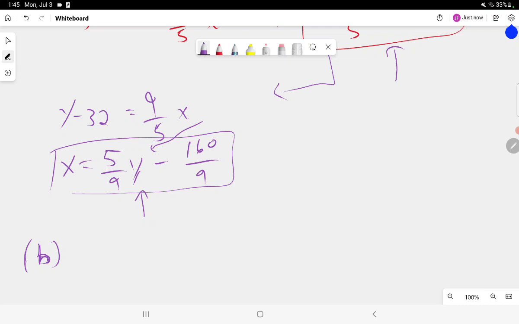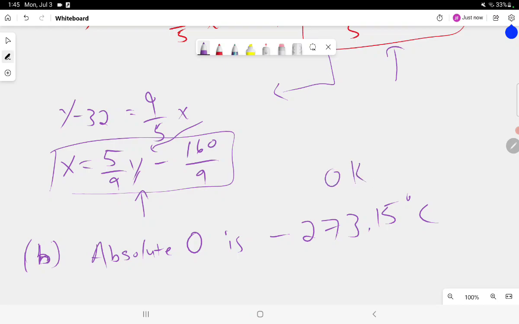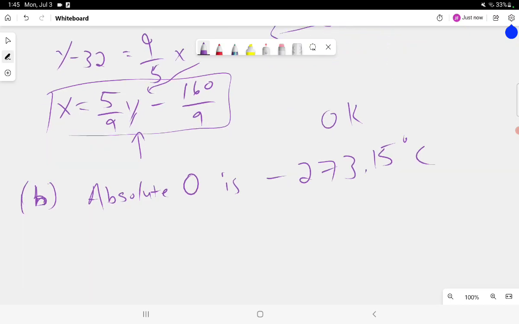And the prior knowledge that we're going to need is that absolute zero is negative 273, roughly 0.15 Celsius. So absolute zero, we could write this as 0 Kelvin. This is 0 Kelvin. But it's also negative 273.15 Celsius. And so we just need to obviously substitute that in for the conversion.